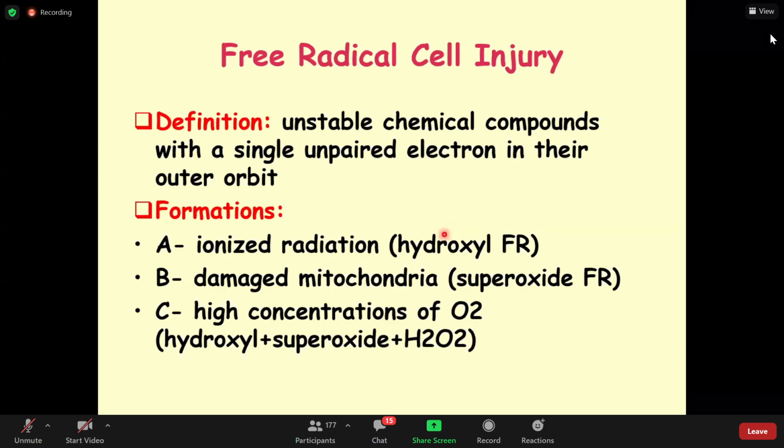So if a patient died as a result of ischemia resulting in hypoxia of the myocardial cells and death of those cells, you're not going to list that as free radical injury, even though free radical injury played a great role in that death.